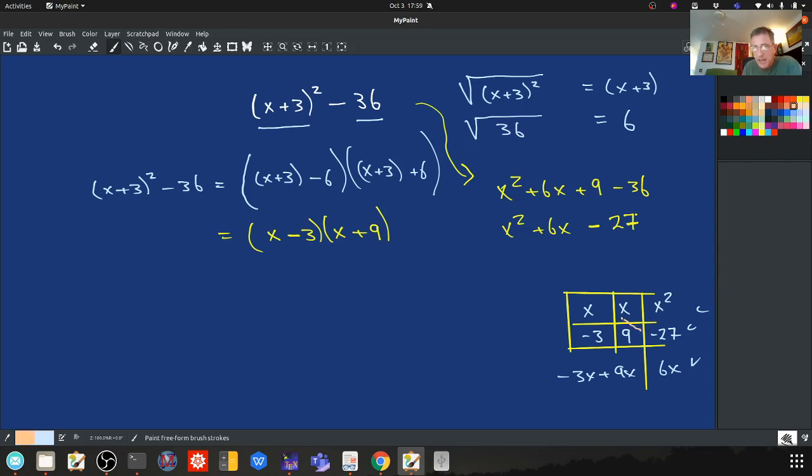And literally, I still get the exact same factorization as I did before. x plus 9 times x minus 3, which is exactly the same as I get here. The factors are reordered, it doesn't matter. But wasn't this a lot faster? I think so.